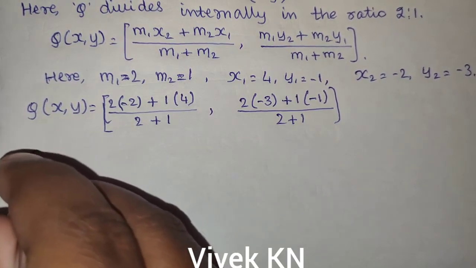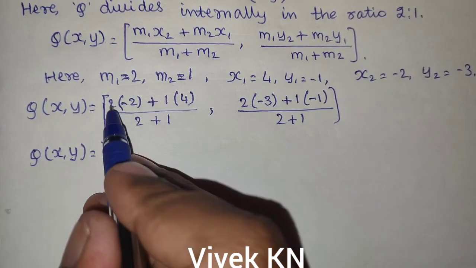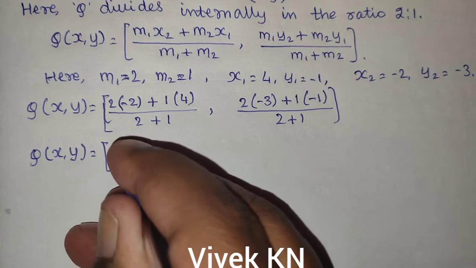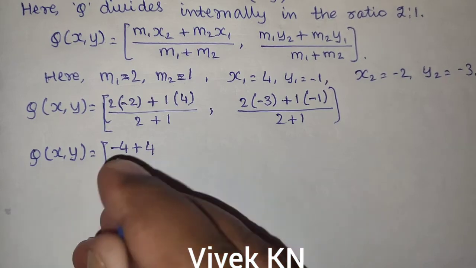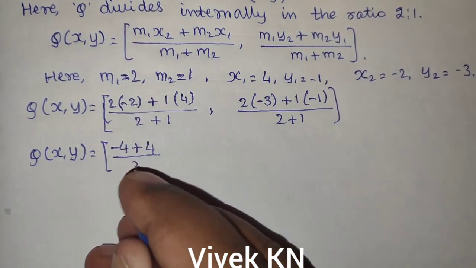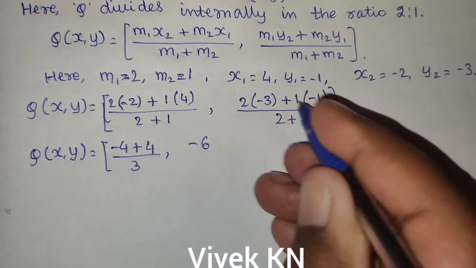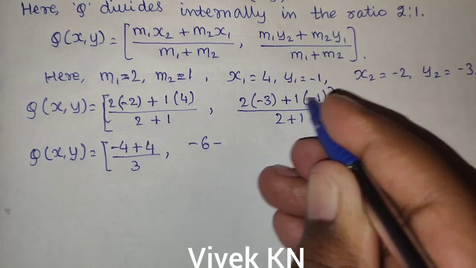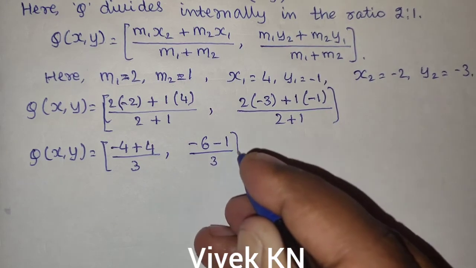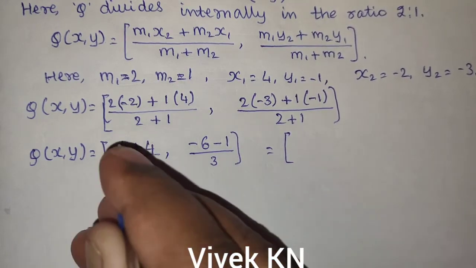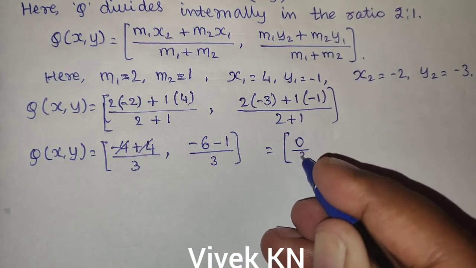That is Q of x comma y is equal to 2 into minus 2 is minus 4 plus 1 into 4 is 4, divided by 2 plus 1, 3, comma, 2 into minus 3 is minus 6 plus 1 into minus 1 is minus 1, divided by 2 plus 1 is 3, which is equal to minus 4 plus 4 get cancelled and the answer is 0 by 3.